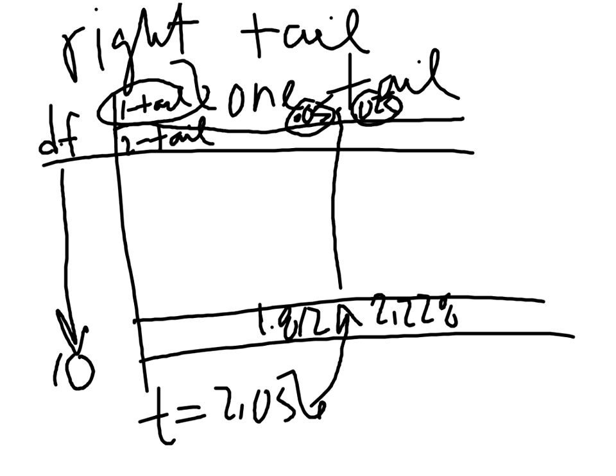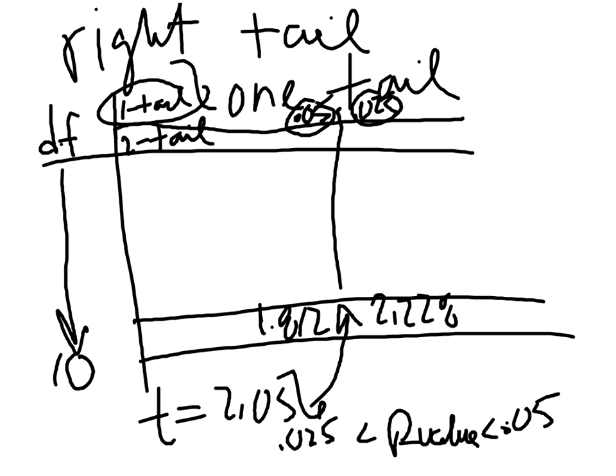Now, we don't know exactly what area this t-value converts to, but we do know this, which is almost as good. We know that our p-value, or actual area, is bigger than 0.025 and less than 0.05.